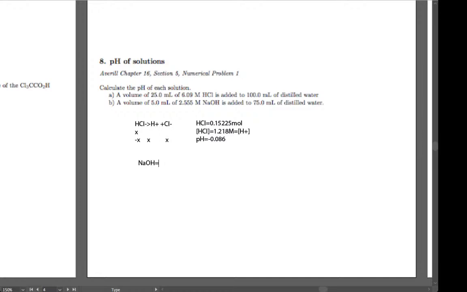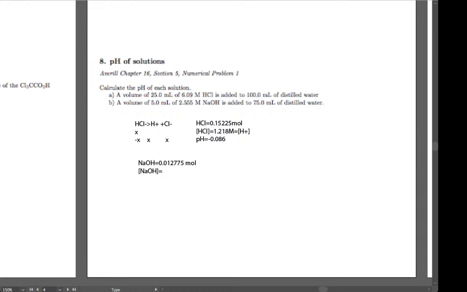2.555, multiply that by 0.005. That's 0.012775 moles. And so the real concentration of NaOH, well, it's 5 plus 75, that's 80 milliliters.